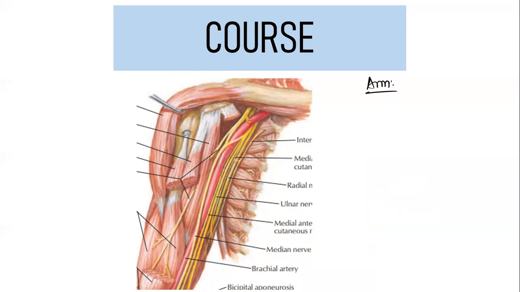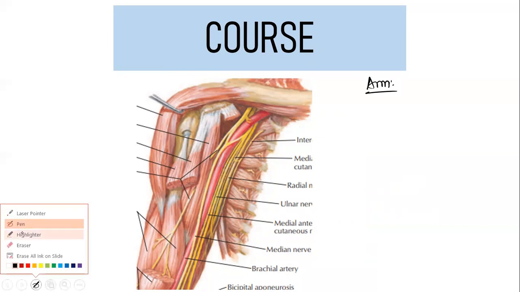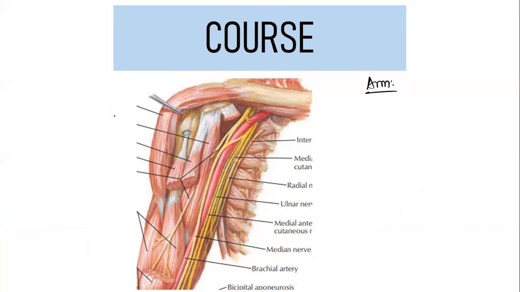For easy understanding, I am going to divide the arm into two parts. One is the upper half, another one is the lower half. If you take the upper half, the median nerve does not show any deviation, meaning whatever relation it had in the axilla, it is going to continue the same course.